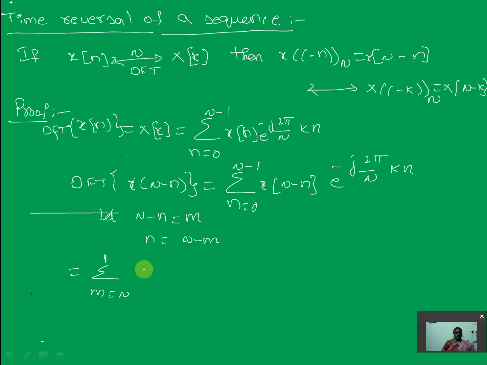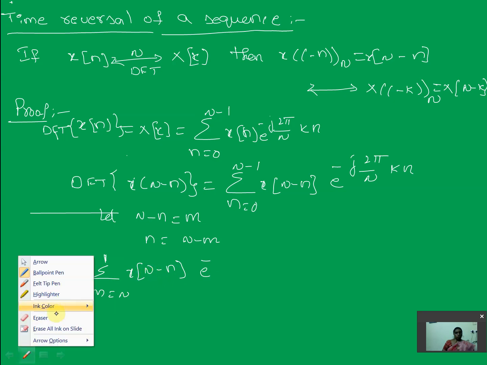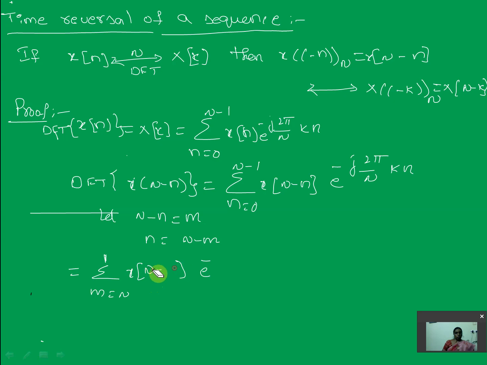Then x of N minus n is nothing but x of m, so use the m here, then e power minus j 2 pi by N k, where n is N minus m.